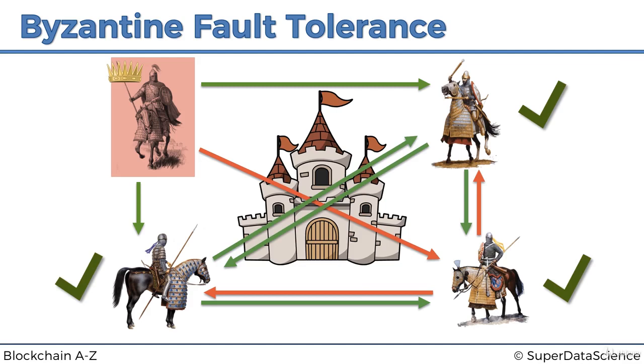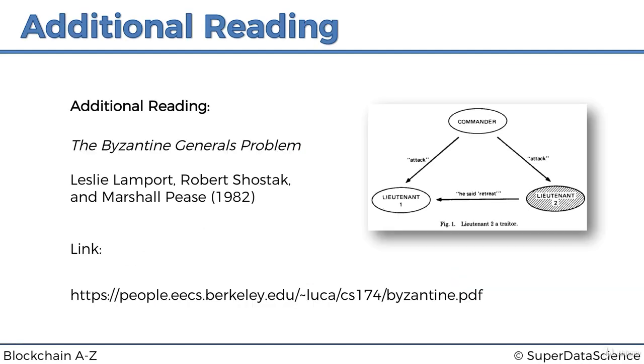But for now, if you'd like to learn more, there's the original paper, The Byzantine Generals Problem, from 1982 by Lamport, Shostak, and Pease. Interesting paper, not very technical, but there are some logical mathematical proofs if you'd like to go through it. It's more logic rather than mathematics, and it's actually quite fun.